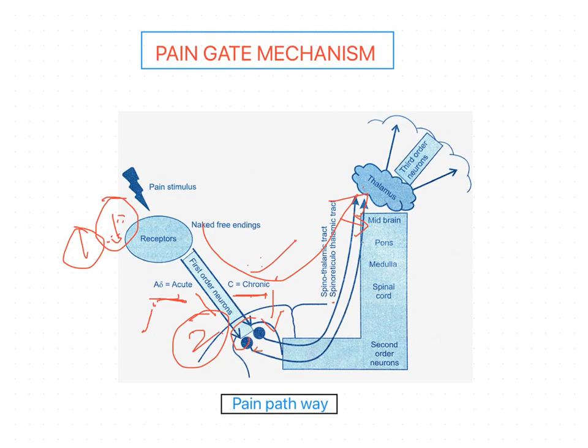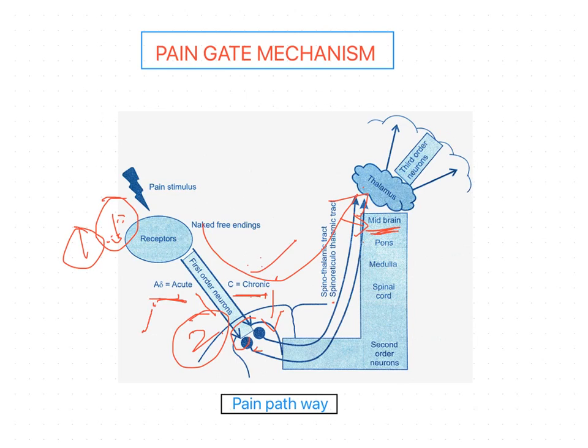In this mechanism, the C fibers themselves block C fiber transmission. So we have seen that some of the collaterals are given to the midbrain, isn't it? In the midbrain, we have seen that the periaqueductal gray matter, that is PAG, and the raphe nucleus are present at this level.